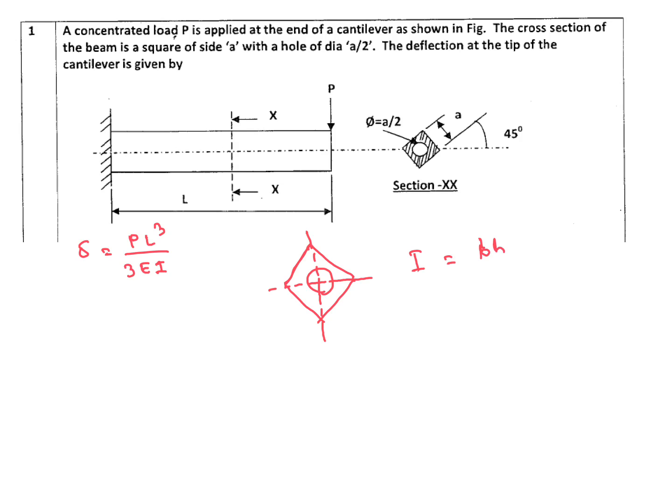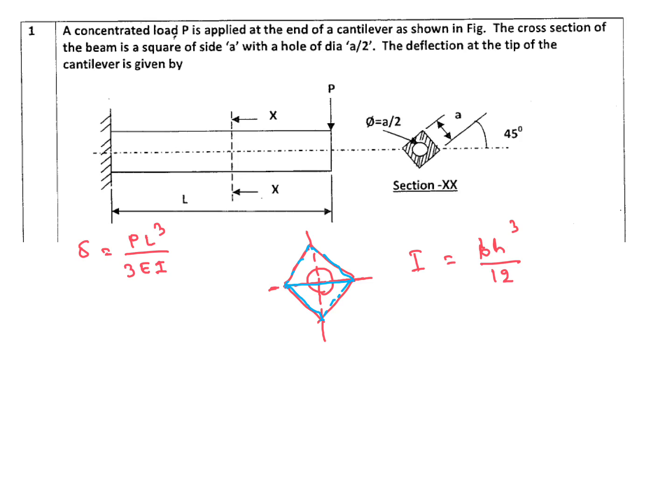For one side it's bh^3 by 12 for square cross section. You take two triangles, this one and this one, multiply with 2.